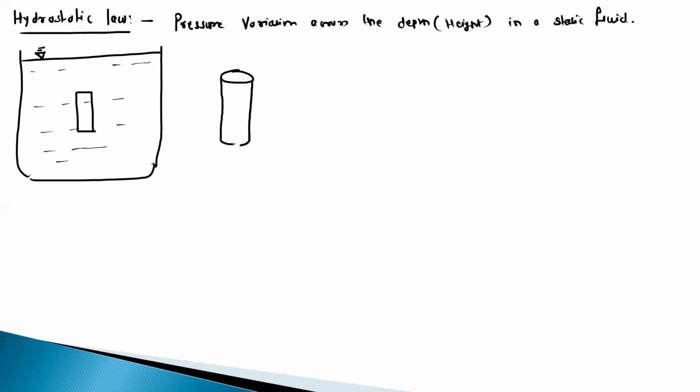So this is the fluid element. Okay, so this fluid element, its height is equal to delta z, and its cross section is delta a. Okay, so this fluid element is at distance z from the free surface. So this distance is z with respect to the free surface for this layer. The height of that fluid element is delta z.